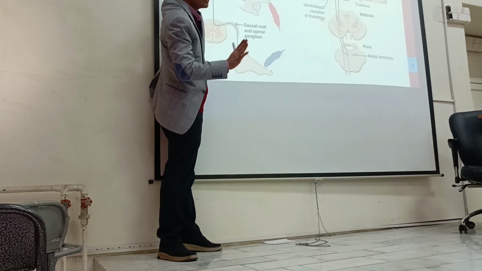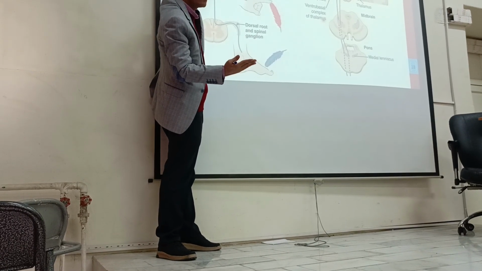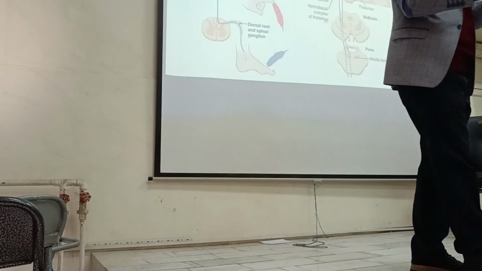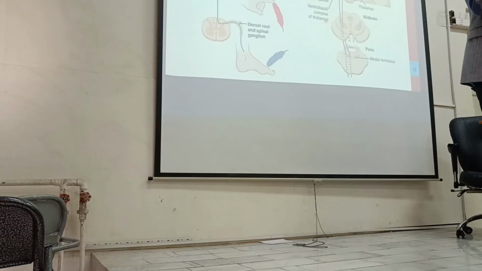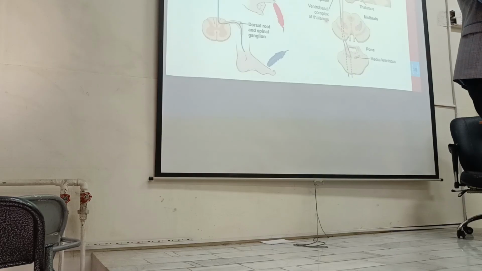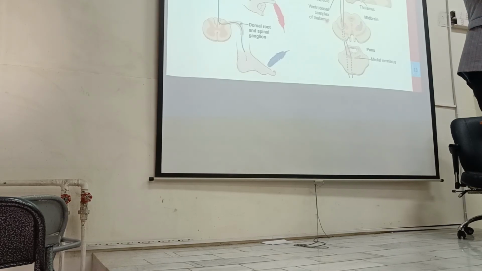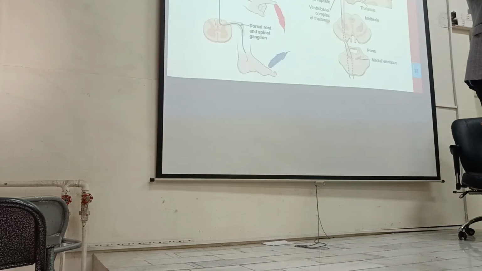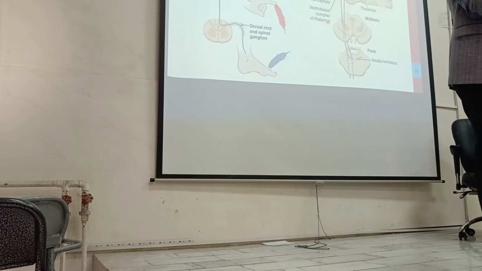Not shown here actually, but it's located most medially. When they go to the thalamus, VPN has two parts, ventral posterior lateral and ventral posterior medial. Fibers from all over the body go to ventral posterior lateral, but fibers only from the face go to ventral posterior medial. Got this?